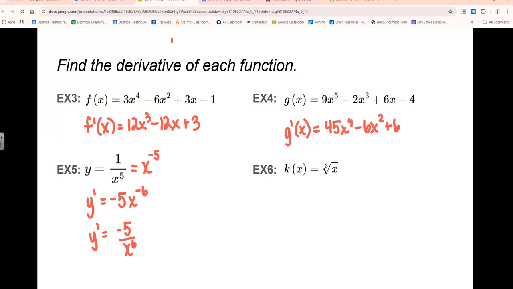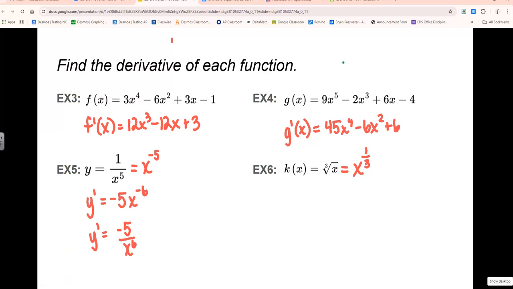What about a root? Okay, I could change this to x to the 1/3 power. And so if you were like, I have no idea why she just did that, you need to remember your rules for roots.